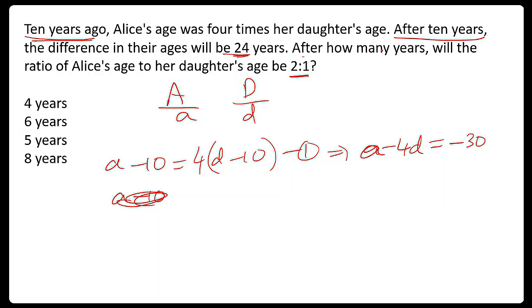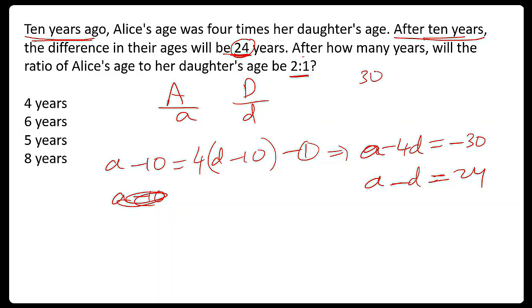By the way, for your kind information, if the difference between two persons' ages after 10 years is 24, then today also the difference between their ages is 24. Two persons' age difference at any time is the same. If you want, you can take an example.